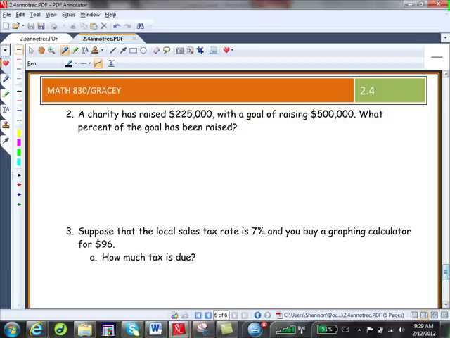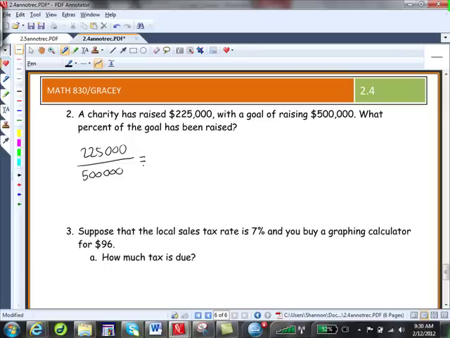So in percent land, what is half? Good, 50 out of 100, which is 50%. So let's take a look at this. I'm going to go ahead and set this one up using a proportion. So they've already raised $225,000. The goal is to raise $500,000. So 225,000 is the part and 500,000 is the whole.